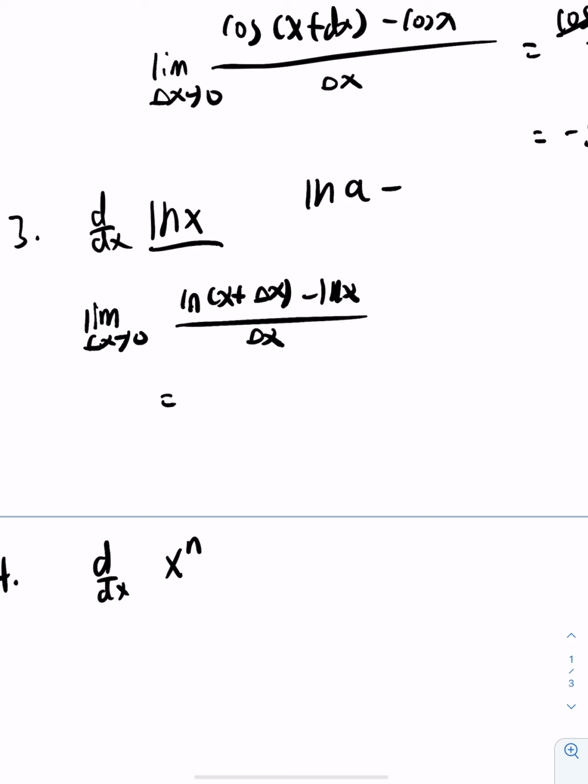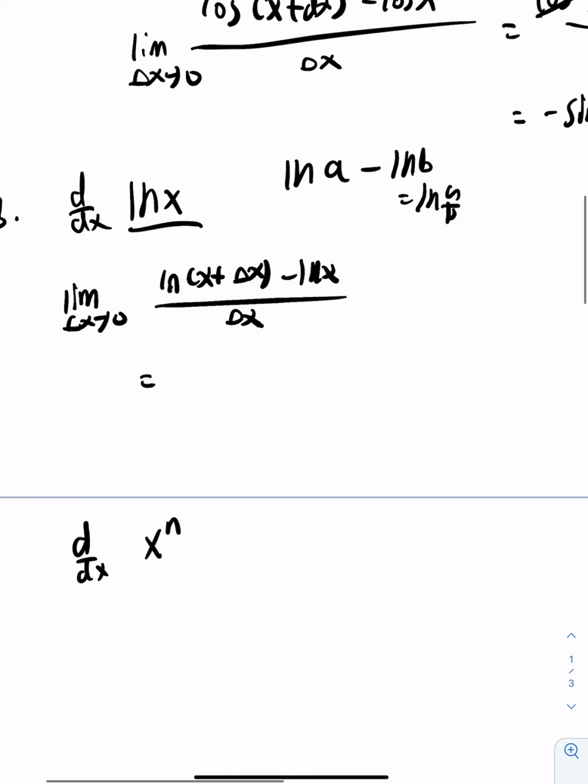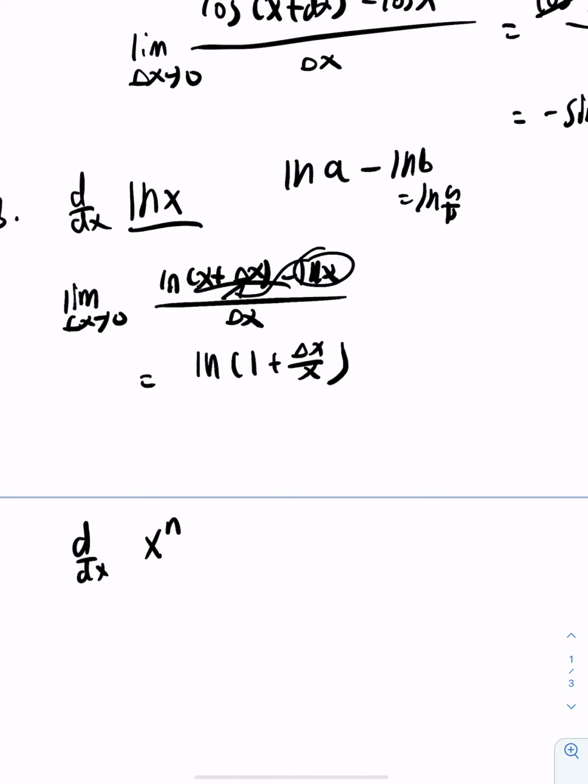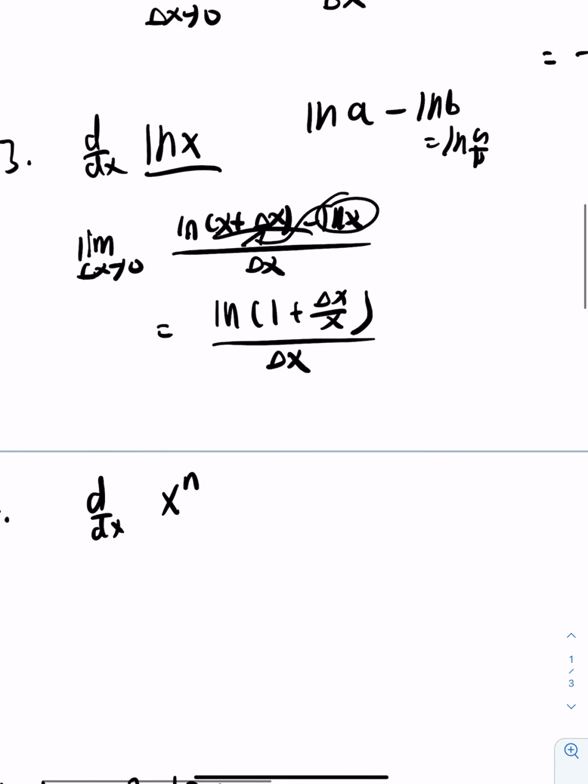We also know that ln a minus ln b is equal to ln of a divided by b, so it is equal to ln(1 plus delta x over x), divided by delta x.